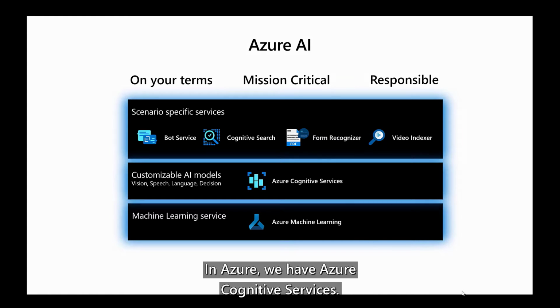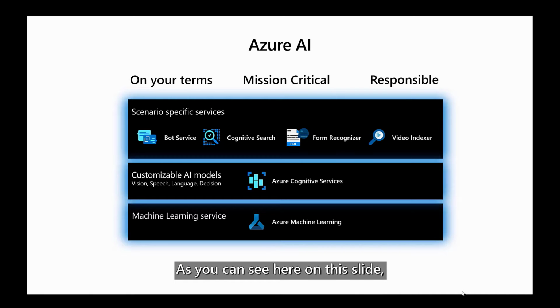In Azure, we have Azure Cognitive Services. These are pre-built AI models which any developer can use by just sending data and getting a response back. Now, let us look at the ecosystem around Azure Cognitive Services, or I should say the solutions around it. As you can see on this slide, we have bot service, cognitive search, form recognizer, and video indexer.